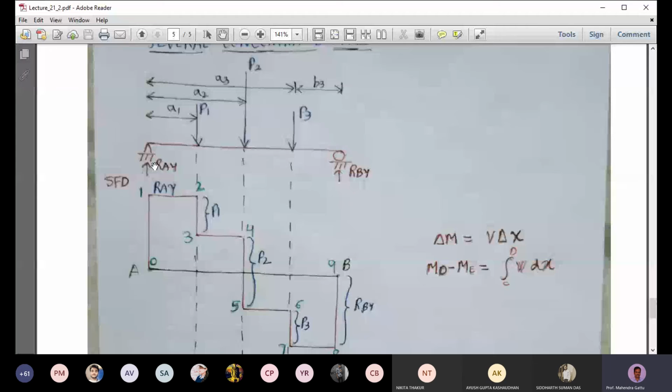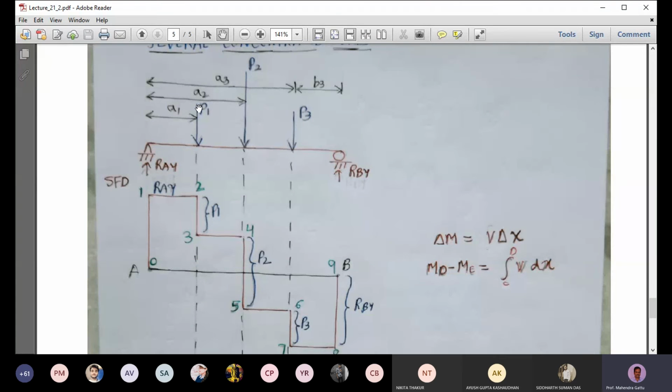So we'll go to point 1, and from point 1 we are moving to the right. There is no distributed load, so Q is 0. That means the slope of the shear force diagram is 0. So we'll move in a horizontal line, and we'll reach point 2, which will correspond to this point.